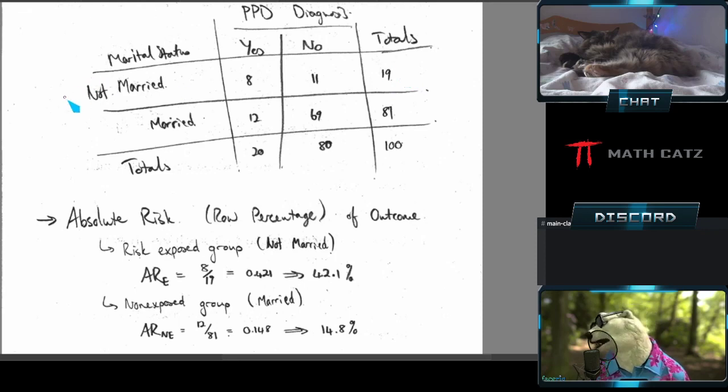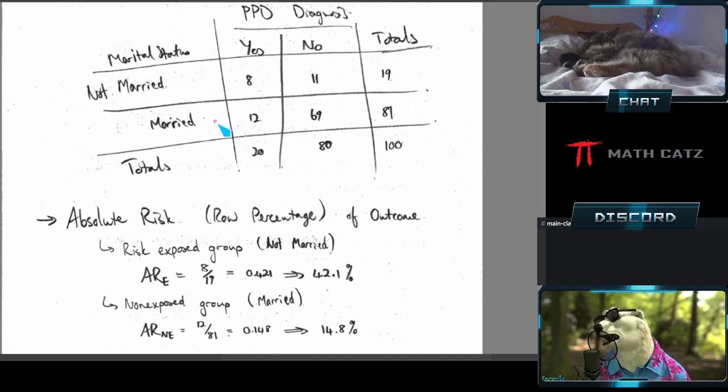Now, if I see the marital status sort of as a treatment, I can avoid postpartum depression by treating, quote unquote, the people and having them get married, statistically speaking. But then everyone would have a 14.8% chance. The difference, the 27.3%, means 27.3% of these not married people could have been treated by way of marital status and avoid postpartum depression, statistically speaking.